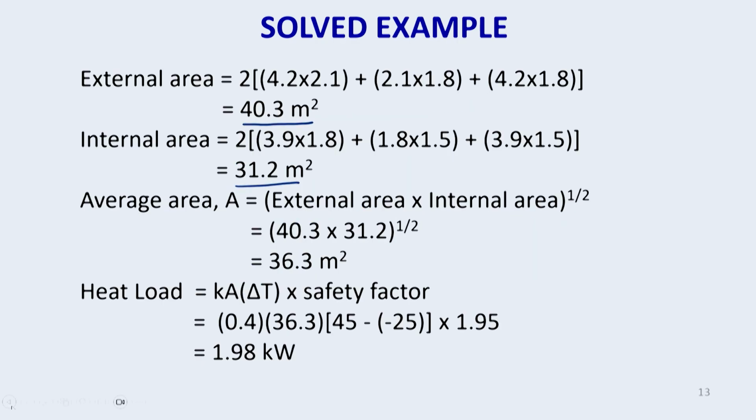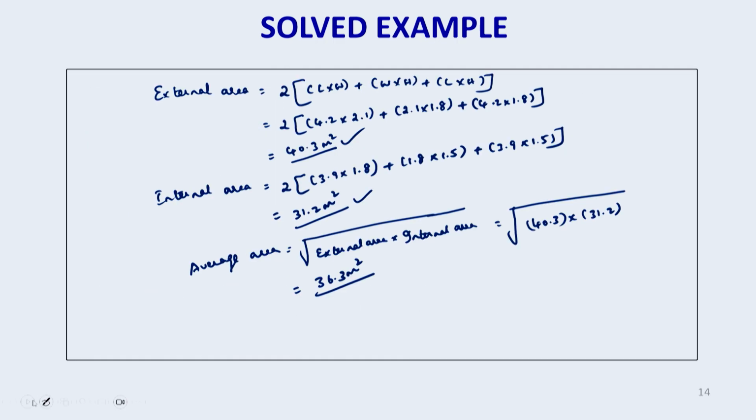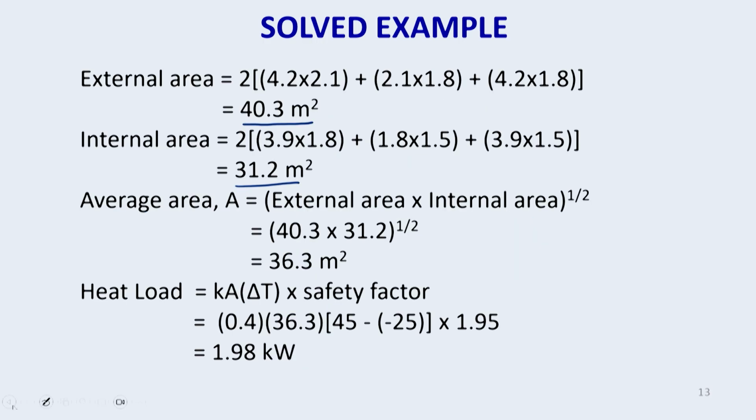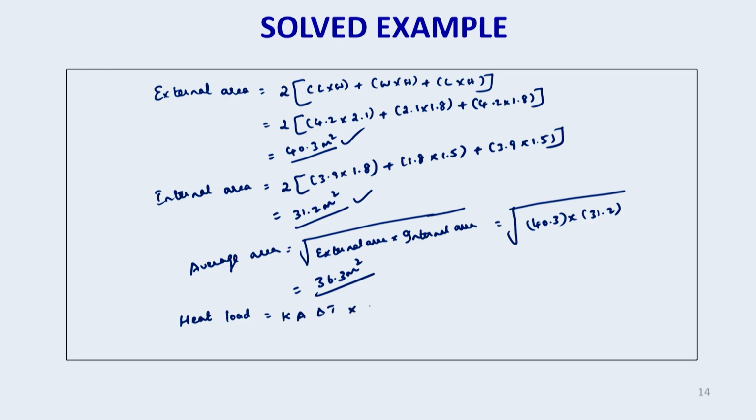The heat load is equal to UA delta T into safety factor. Instead of U, K is there, so K into A into delta T into safety factor.